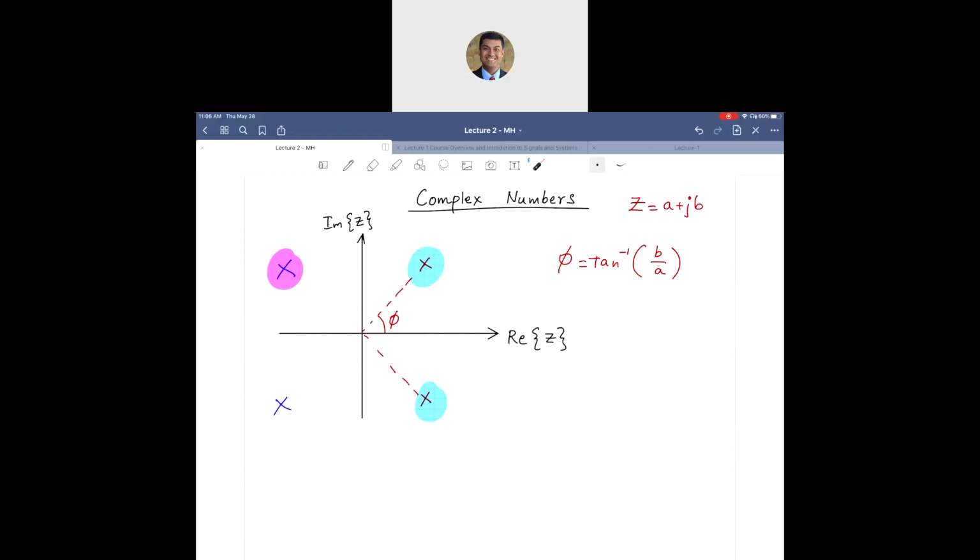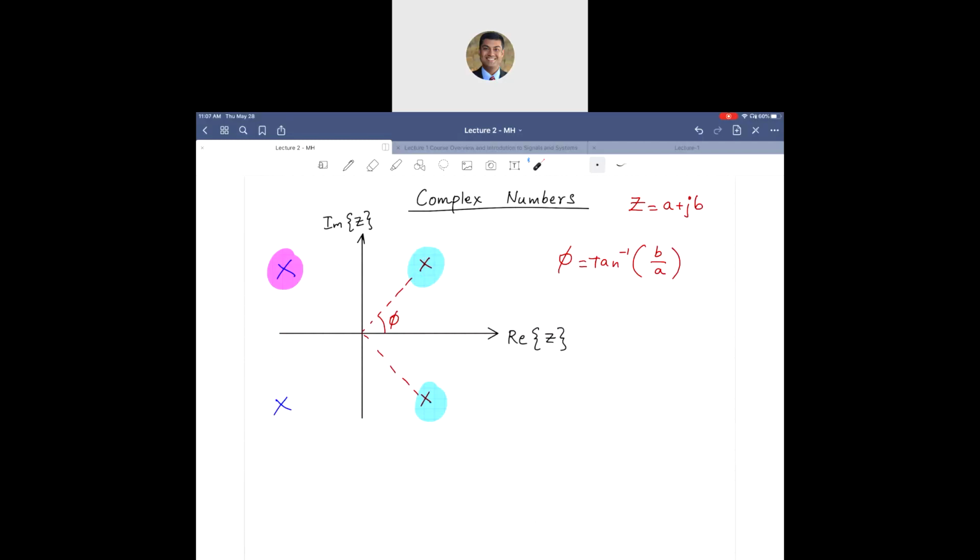So I want you to think of it in terms of which quadrant the number lies in. If it's in the third quadrant, then find phi, and essentially you would have to add 180 to get to that third quadrant, because you will get the answer as plus 35, but you would have to actually get it between 180 and 270.